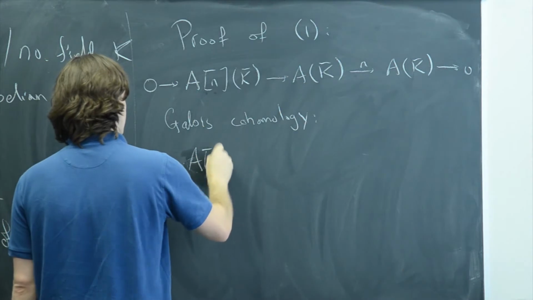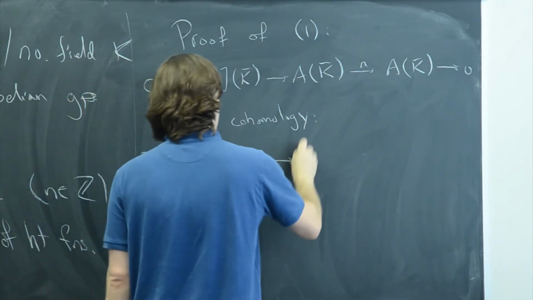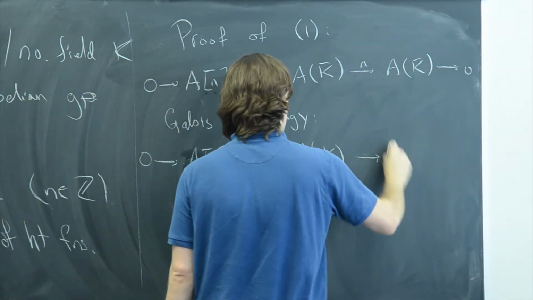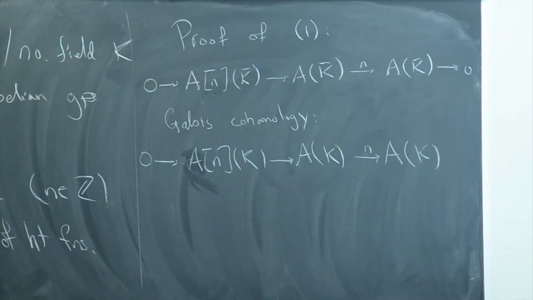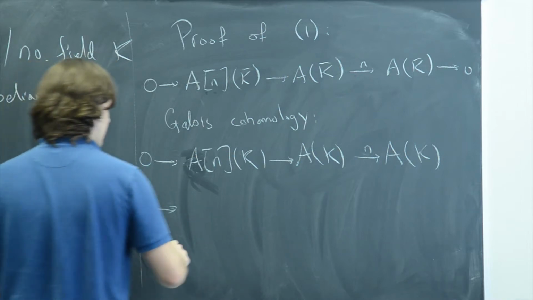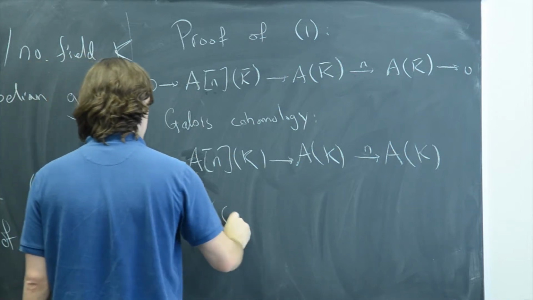So I get the k points of the n-torsion, and then the k points of A, and here this is multiplication by n. Once I take k points, multiplication by n may no longer be surjective, because taking group invariants is only a left exact functor. And so the cohomology measures the failure of that to be surjective. This continues like this.